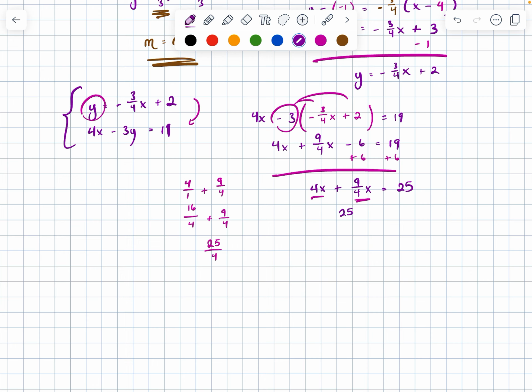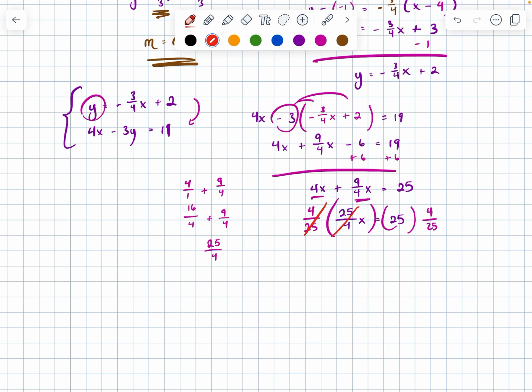So this is equal to 25 over 4 x equals 25. To get rid of multiplication by 25 over 4, I can divide by 25 over 4, which is the same as multiplying by the reciprocal, 4 over 25.